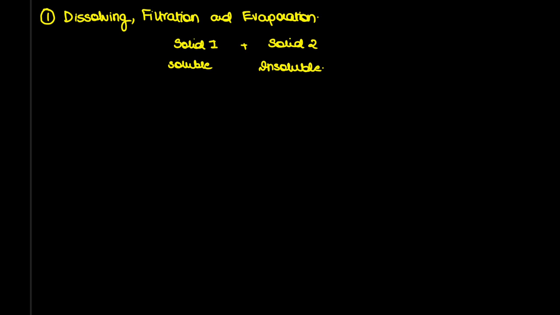For example, in this petri dish I had NaCl, in this one I had for example barium sulfate. Now NaCl is soluble, barium sulfate is insoluble. Now let's just say during transportation I actually spill some of this inside of this, but I need pure samples. So what should I do? Then I'll perform this technique: dissolving, filtration, and evaporation. You should add slash crystallization, and I'll discuss why.